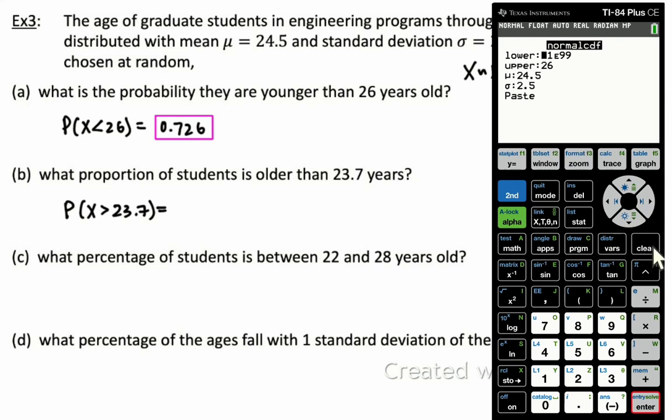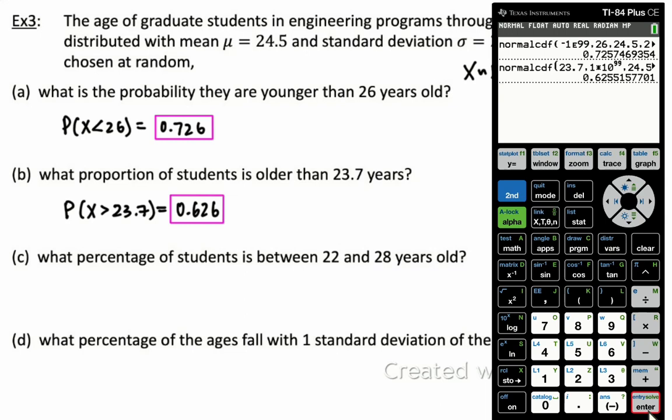This time, we have a lower bound of 23.7, and we're going to set our upper bound to be some really large number. So I'm going to set it to 1 times 10 to the power of 99. Our mean and standard deviation stay the same. Press enter, and we get a value of 0.26 if we round to 3 significant figures.